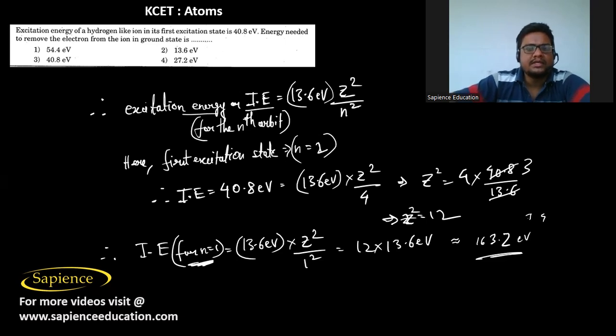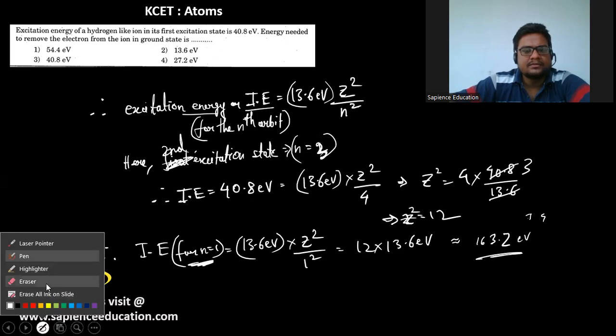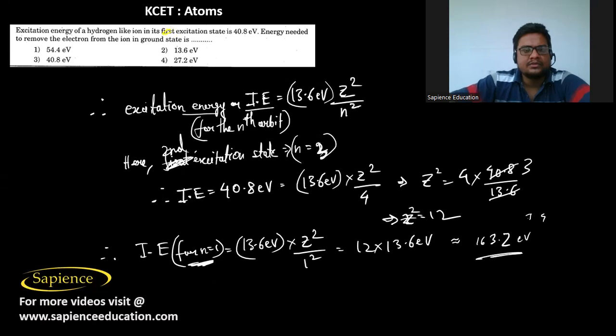So it should be in the second excited state actually. If n is equal to 3, it should be the second excited state. So here it should have been written second excited state.